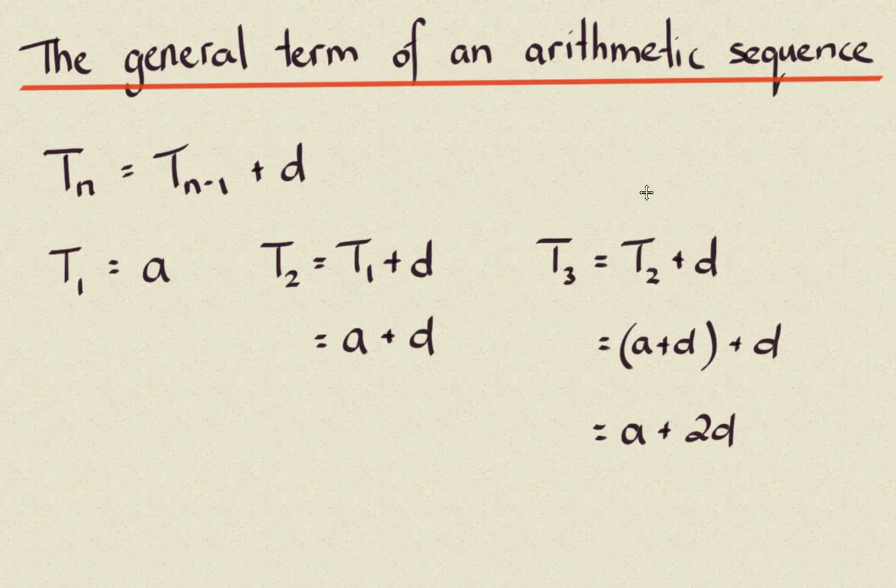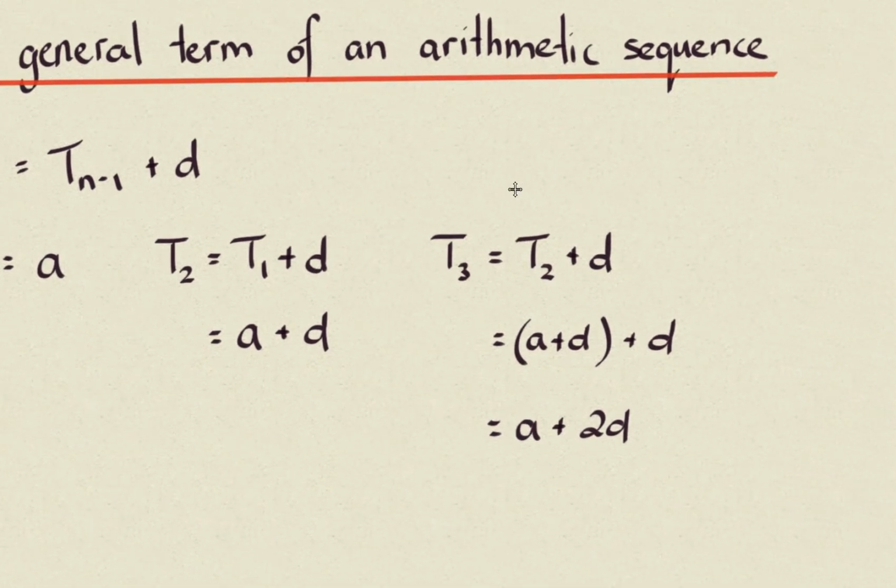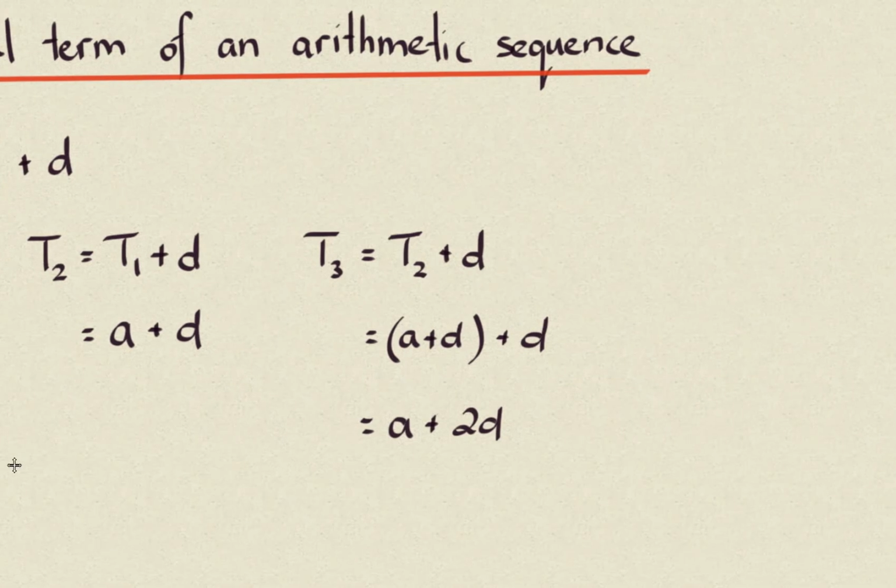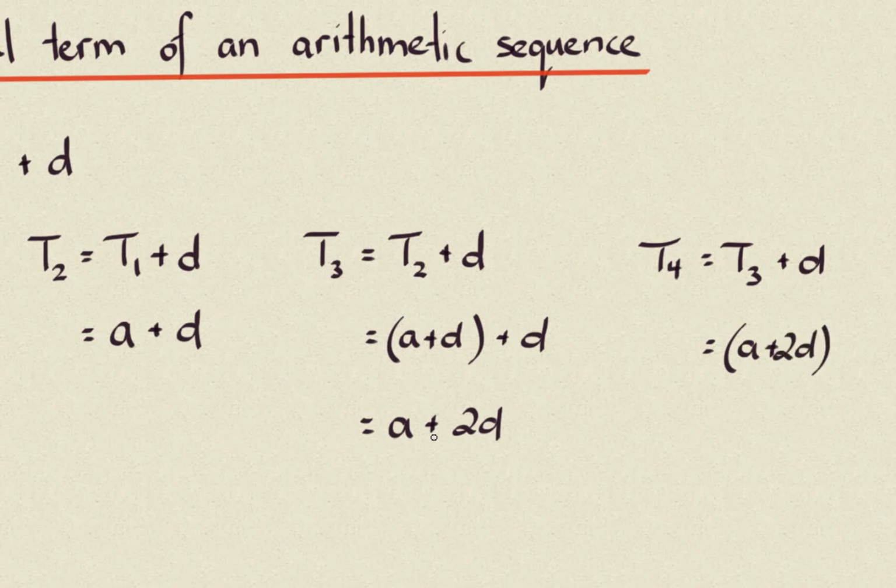So I'll give ourselves a bit more room. What if we went on to a fourth term? So T4 is the third term, T3, plus D, the common difference. However, T3 is A plus 2D. We've just seen that here. Plus D again simplifies to give us A plus 3 lots of D.